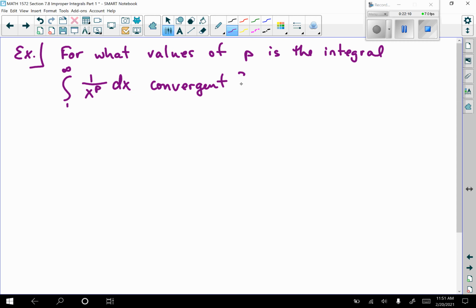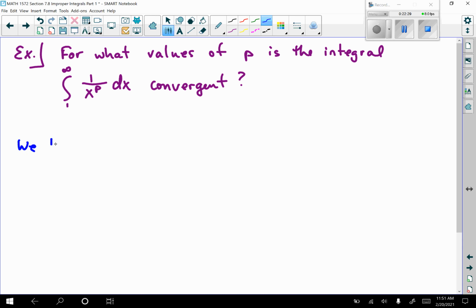Now if we go back to our previous examples, we saw when we had 1 over x squared as our function, it was convergent, but 1 over x was divergent. So we're going to kind of generalize this.